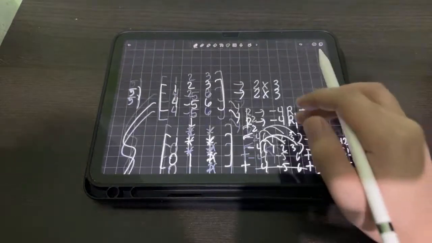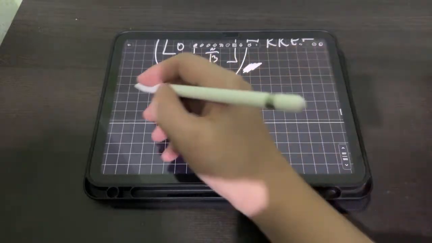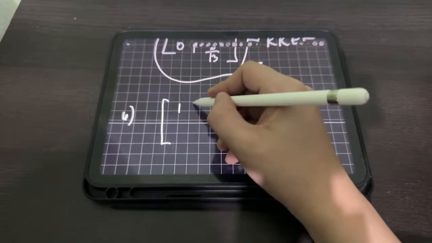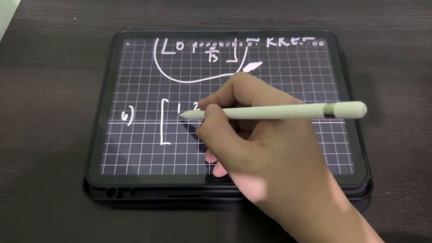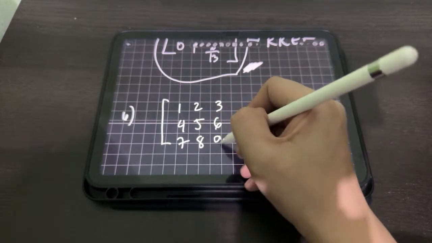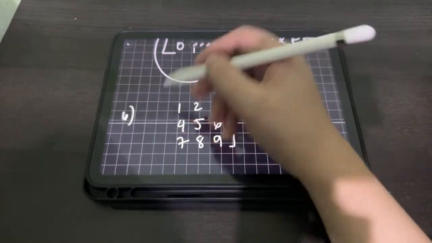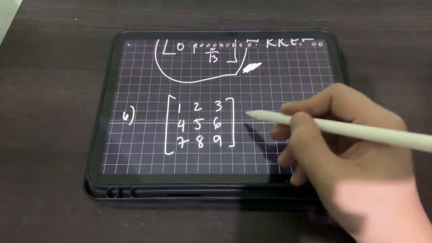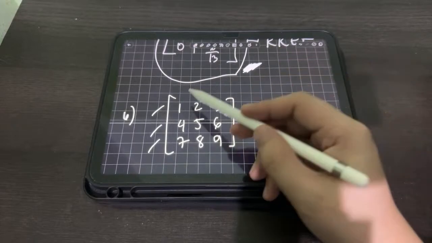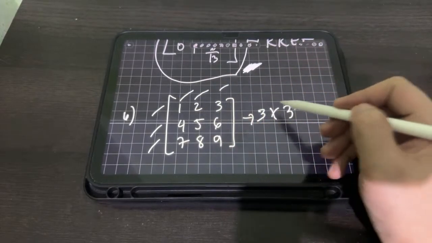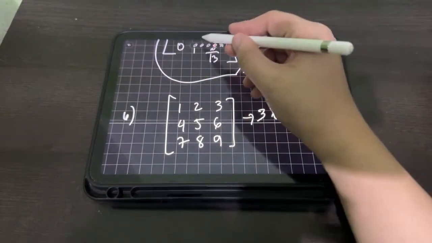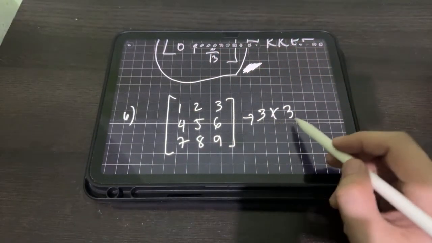Okay, next, number 6. What if 1, 2, 3, 4, 5, 6, 7, 8, 9? This time, the size of the matrix is 3 rows and 3 columns. So it's a 3 by 3 matrix, actually a square matrix of order 3, because we have the same number of rows and columns.